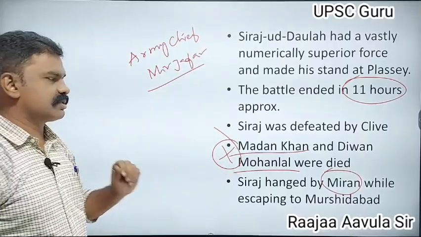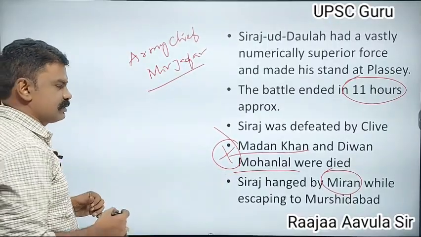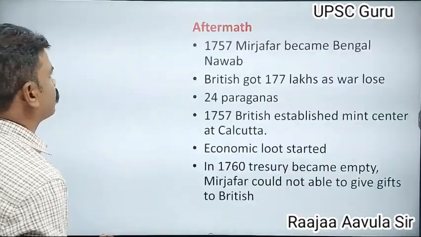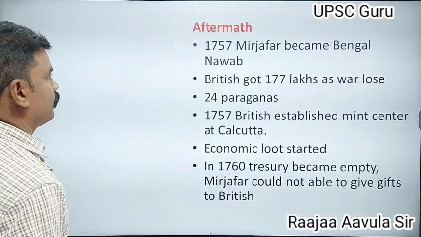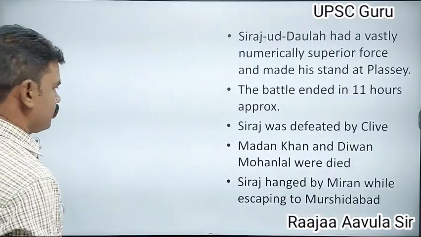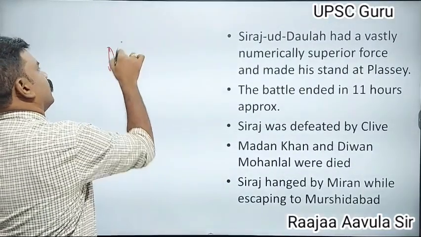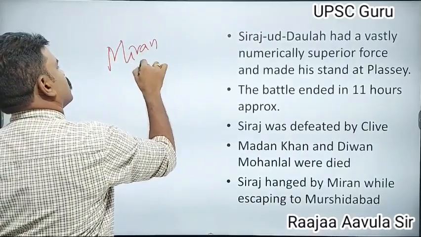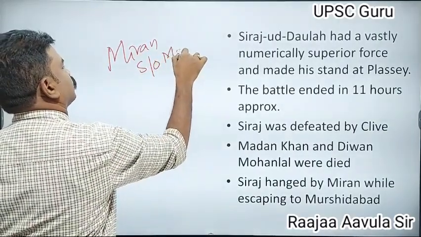Miran killed Siraj. Miran hanged Siraj. Who was Miran? Miran was the son of Mir Jafar.